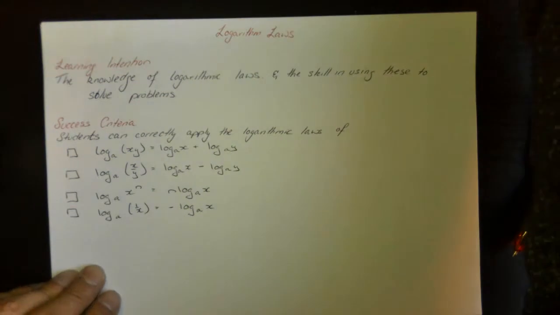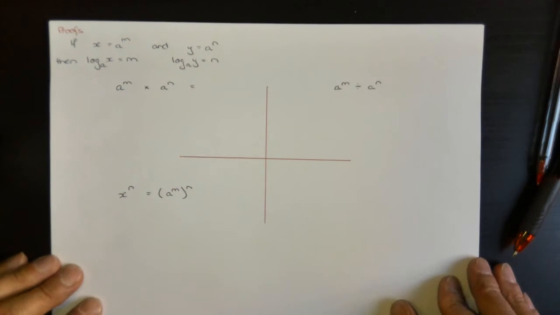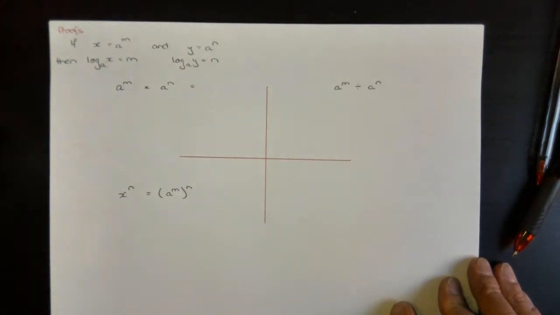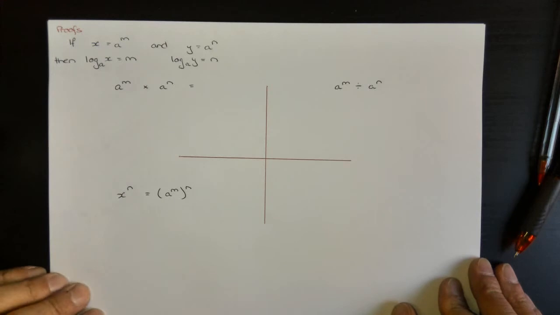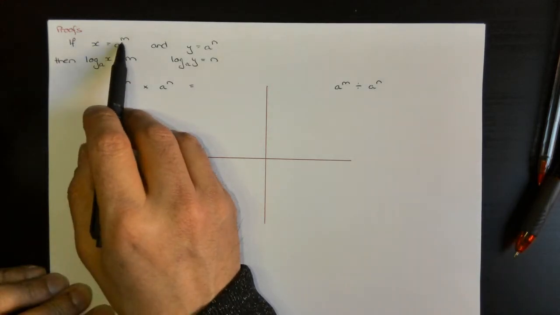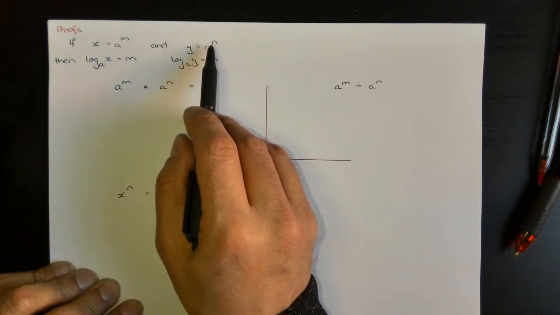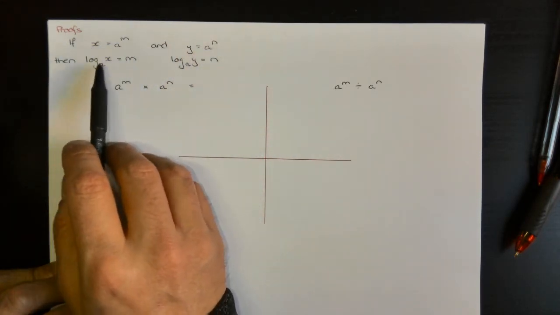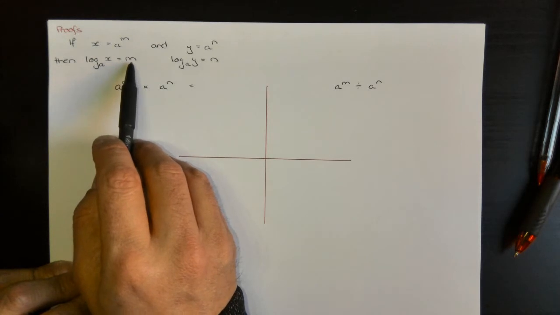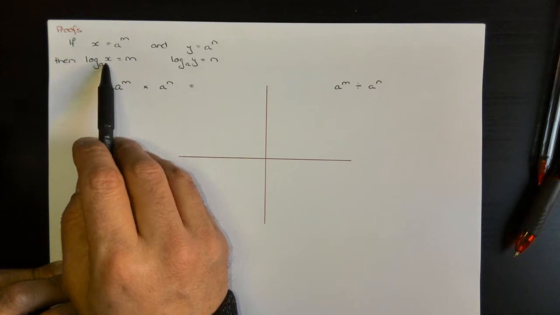Okay, and we're going to be using those laws. All right, so here are some of the proofs. If we say that x is equal to a to the power of m, and y is equal to a to the power of n, rewriting this, we get m is equal to log of x base a.